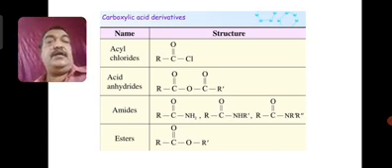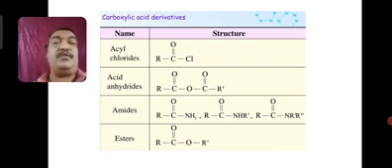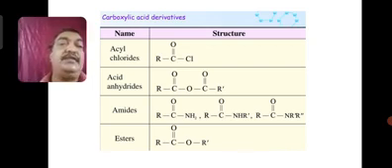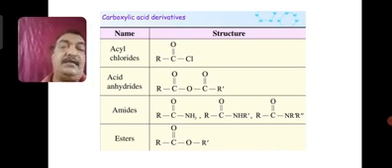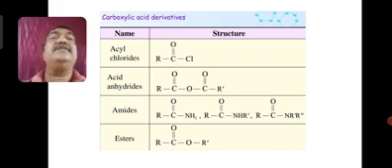Then similarly, RCOOH may attach to different amino compounds like RCONH2, RCONHR', RCONR2. Here the OH group of RCOOH is replaced by an amino group, and the resulting compound is called an amide derivative. Similarly, the H of RCOOH is replaced by an alkyl group, H replaced by R. It is an ester.